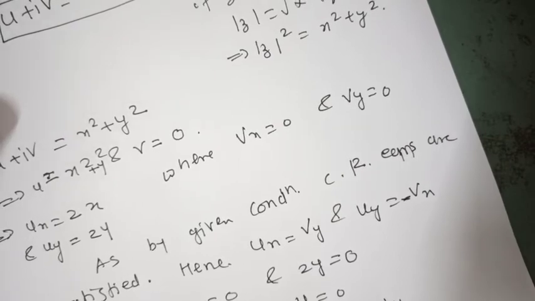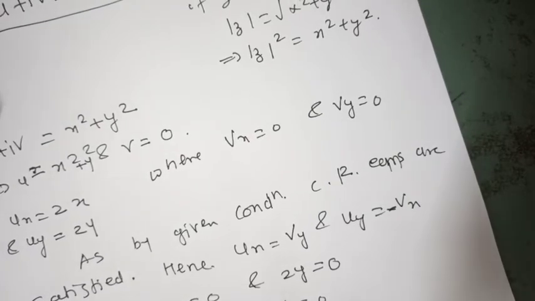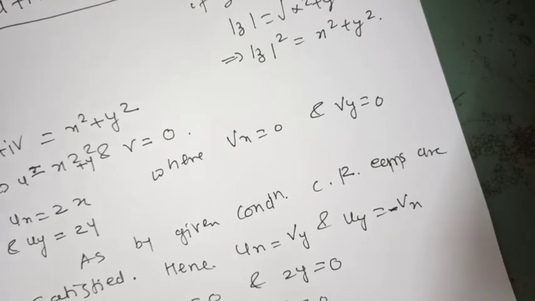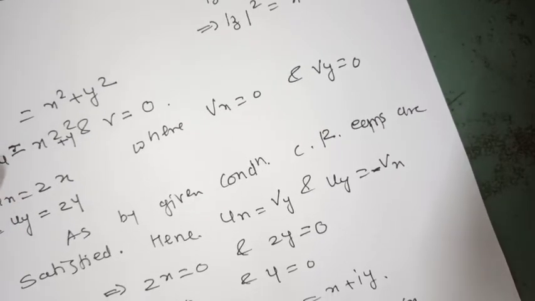Hence, at any x not equal to 0, ux is not equal to vy and uy is not equal to minus of vx.